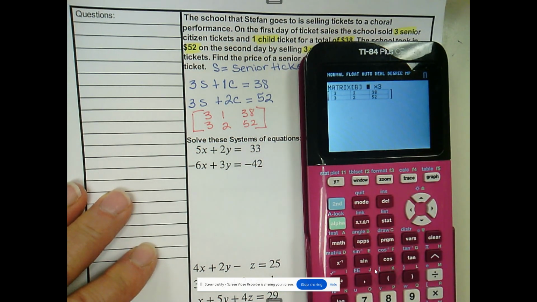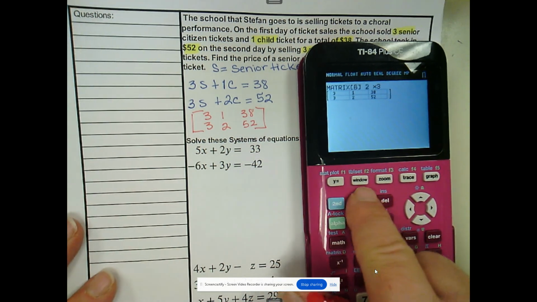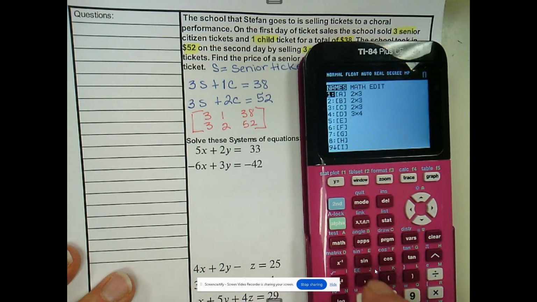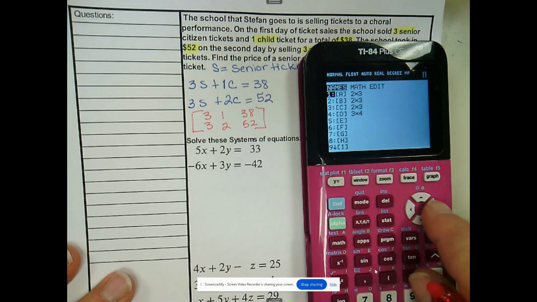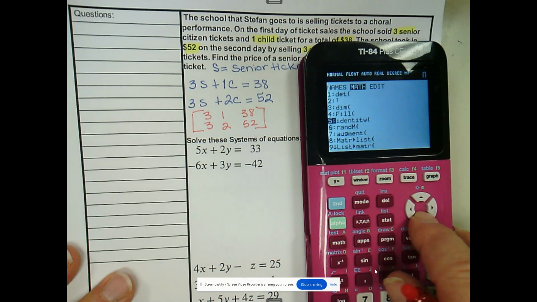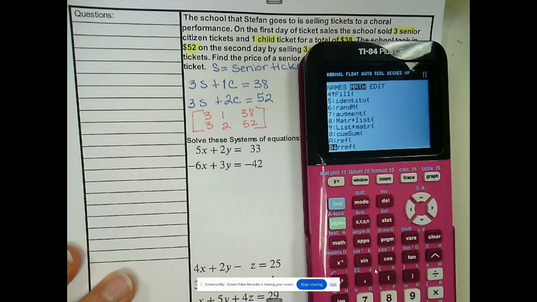Now I'm ready to do that REF again to get my answer. Second mode to get out of my screen. Second, x to the -1 to get to the matrix button. Go over to math. You go all the way past what you see on the screen to the REF, and you hit enter.